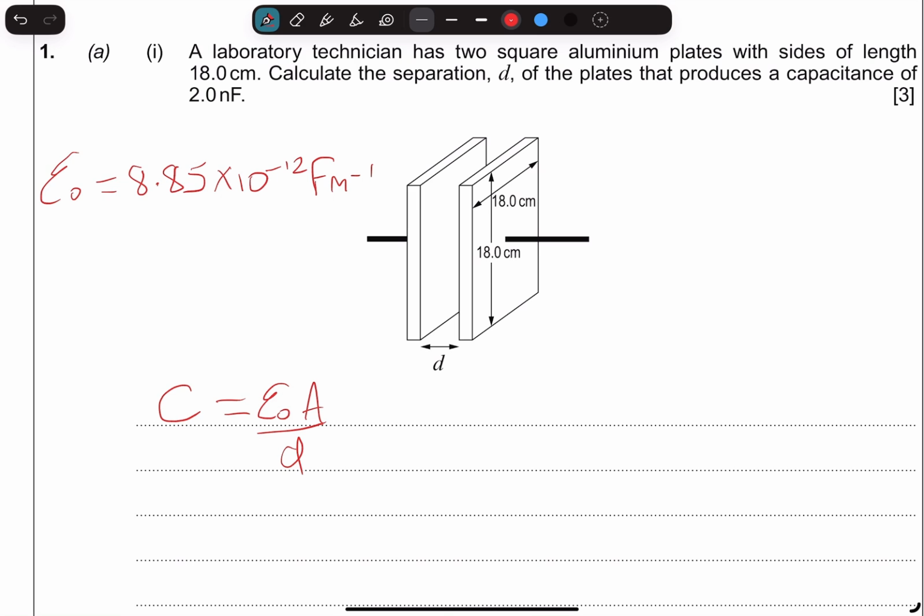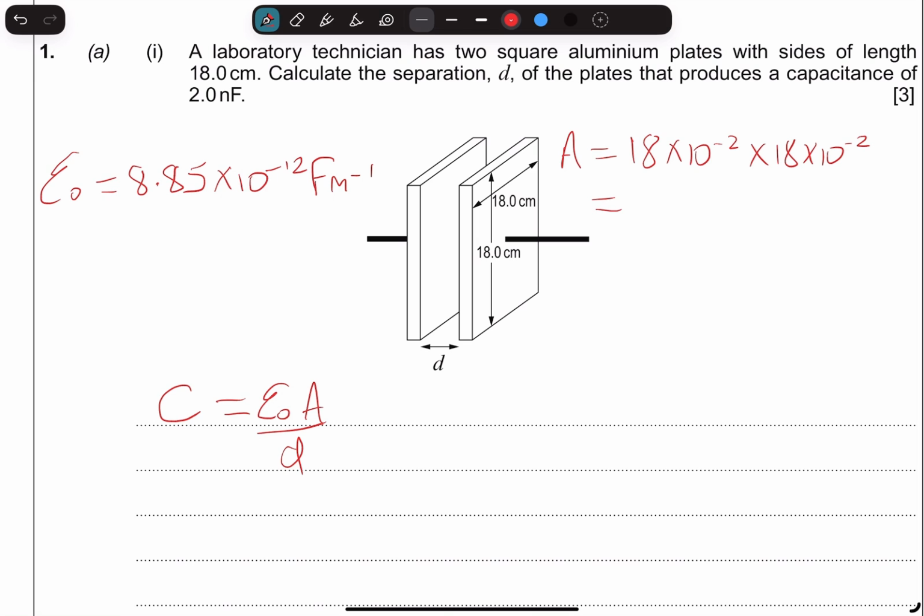Right, so first of all, we're going to work out A, the area. So the area is equal to 18 times 10 to the minus 2 multiplied by 18 times 10 to the minus 2, because it's the width times the height, or the width times the length. That gives us the area of this plate, which happens to be square, or a cuboid if you take into account its thickness as well, but we don't need to worry about that.